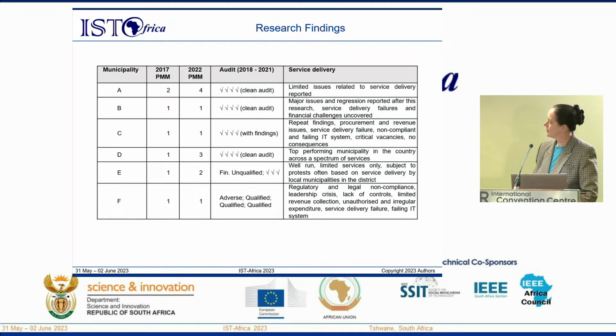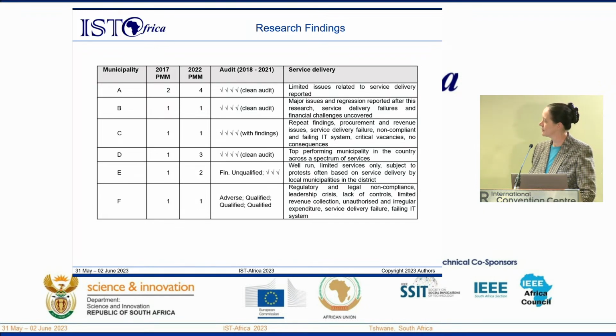And then in 2022, you will see a marginal improvement in A from 2 to 4, in D from 1 to 3, and in E from 1 to 2. Now, the ticks under audit, I've taken the audit reports from 2018 to 2021. Municipality A achieved 4 clean audits, Municipality B, 4 clean audits, and Municipality C, 4 clean audits but with findings.